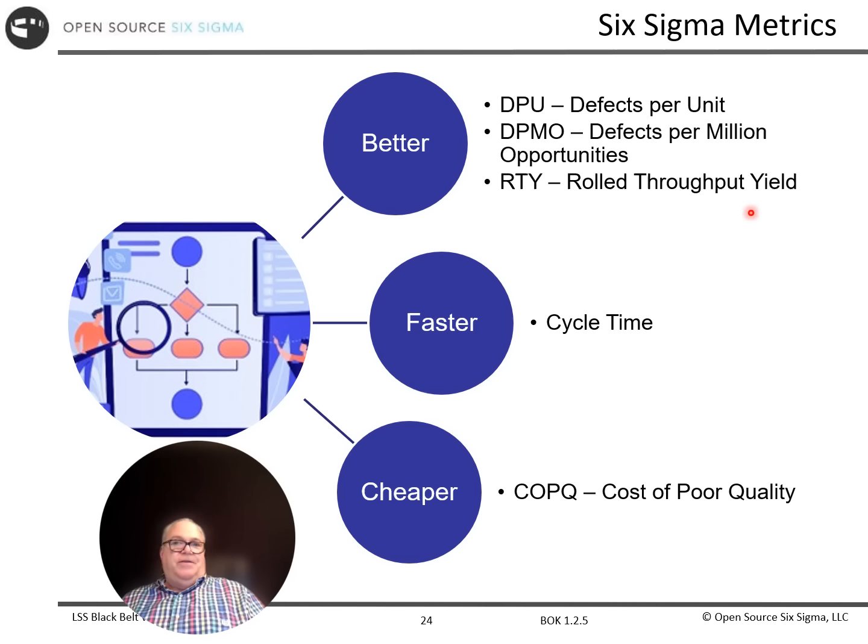And rolled throughput yield, the whole idea that if I have a string of Six Sigma processes, my yield to my customer is still going to be quite high. So these are some measures, one or all of which we might consider in the better or the defect column.